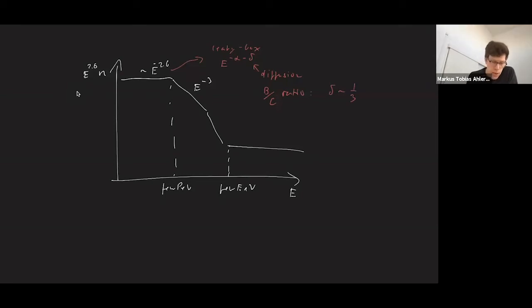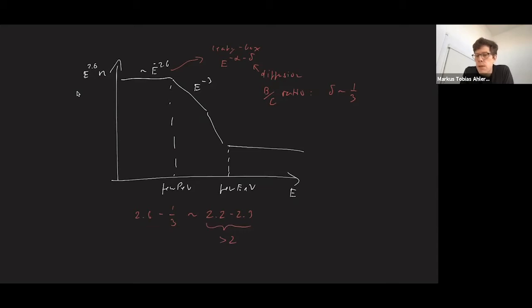So that means now we have a spectral index of 2.6, and we have to divide 1/3. So the spectral index of the source should be in the vicinity of 2.2 to 2.3. Yeah, so this is larger than 2. So this is the spectral index that I motivated now for the ideal case of shock acceleration.